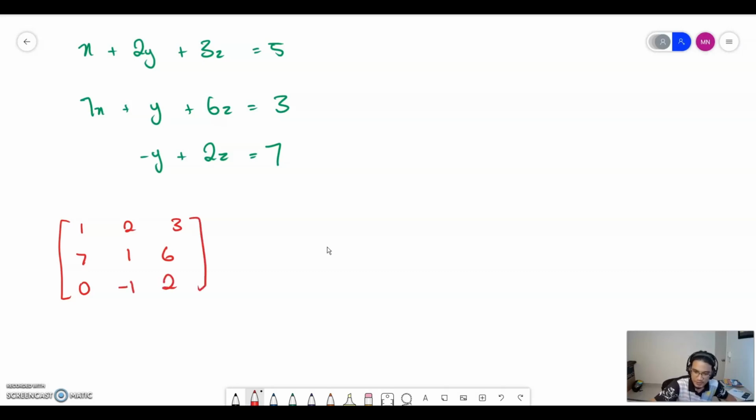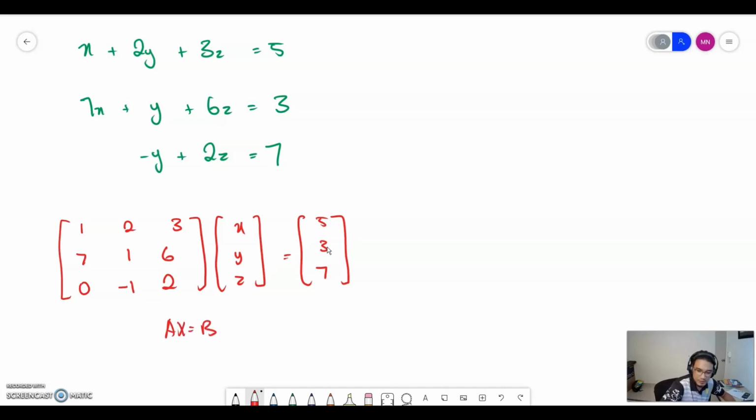That is for matrix A. Then matrix X is x, y, z, which will be equal to 5, 3, and 7. So now we have it in the form of AX equal to B. As mentioned before, in order to find matrix X, we have to find A inverse and multiply it with matrix B. A inverse is equal to 1 over the determinant of A multiplied with the adjoint of matrix A.